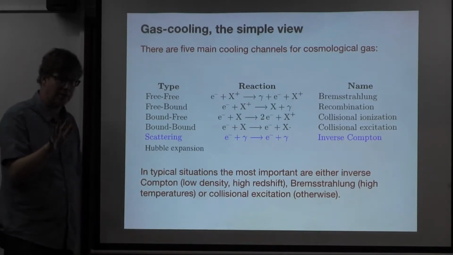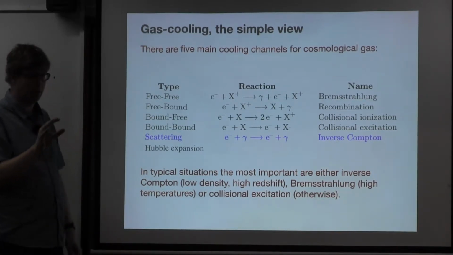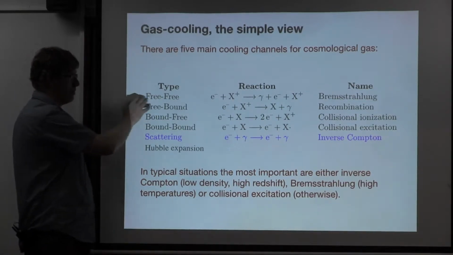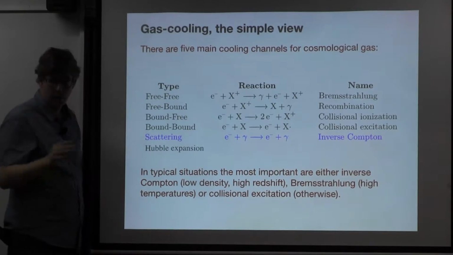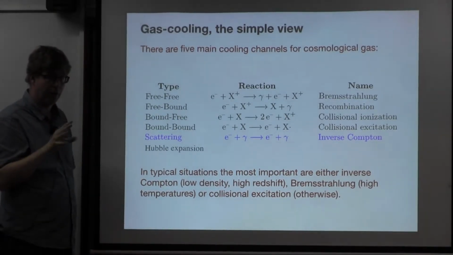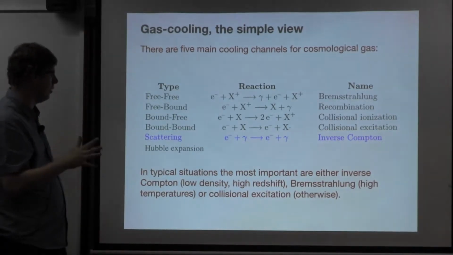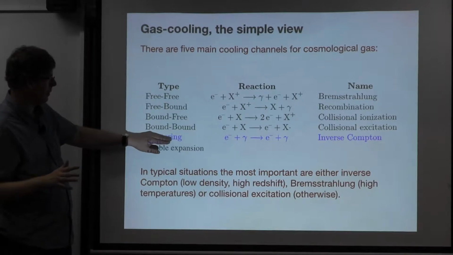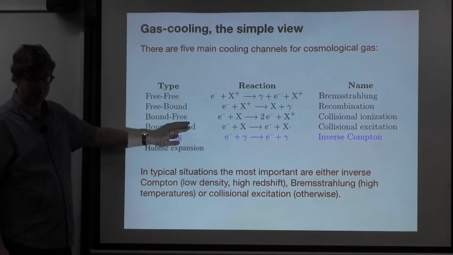In a hot gas, most of the cooling in a galaxy context is Bremsstrahlung. At very high redshift, or at relatively low densities, the main cooling mechanism is inverse Compton scattering.